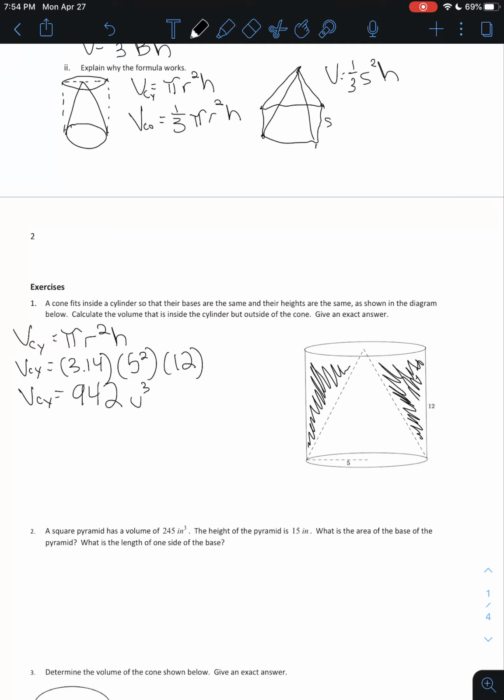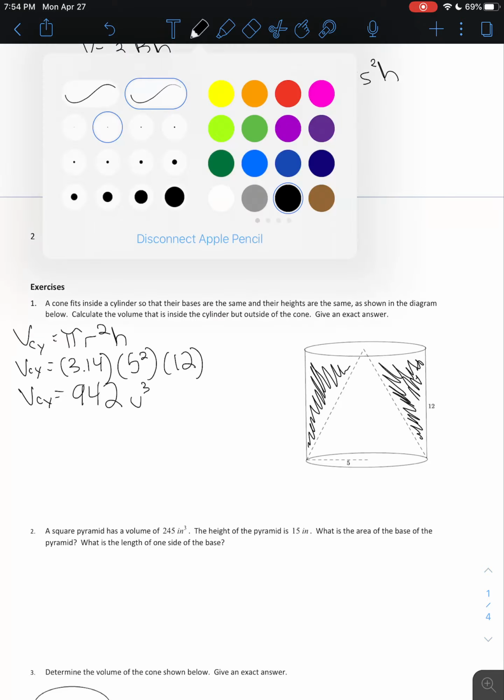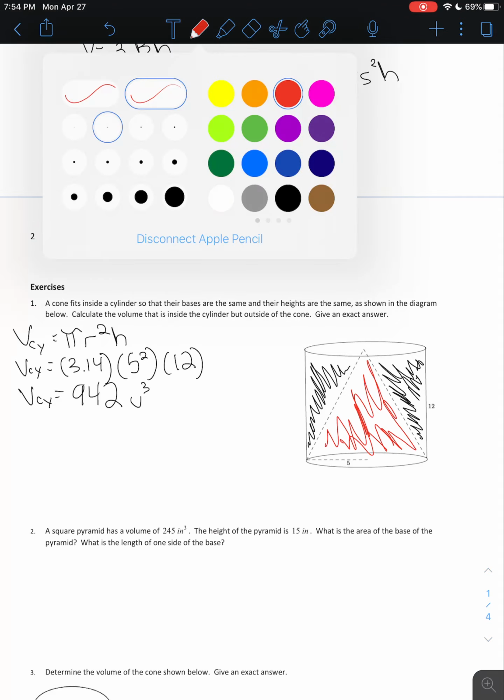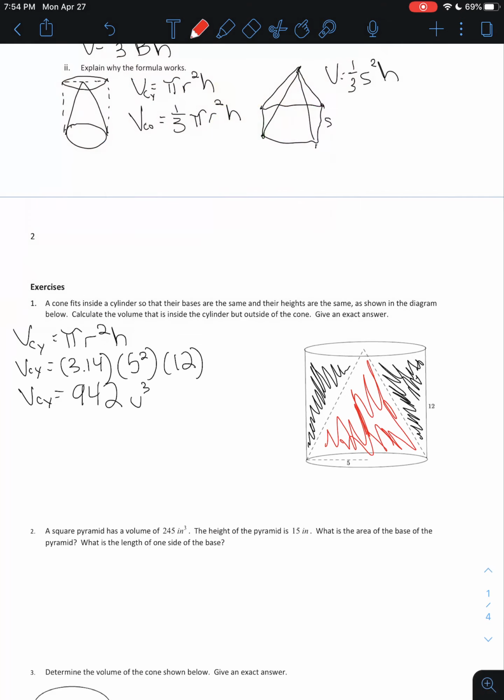Now, as I said before, we need to find the volume of the cone, everything that's inside the cone. So let's keep red here. The volume of the cone is, well, we have the same base, a circle, and the height's the same.